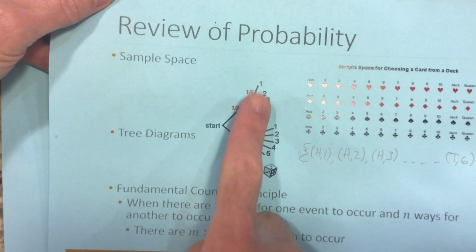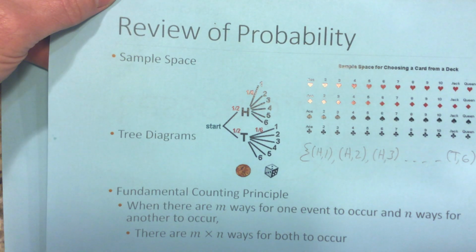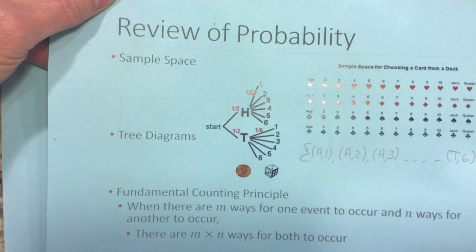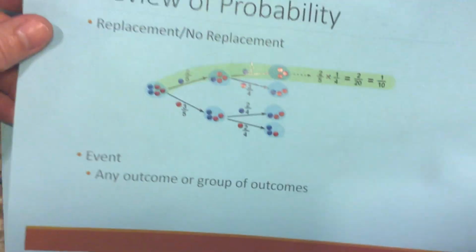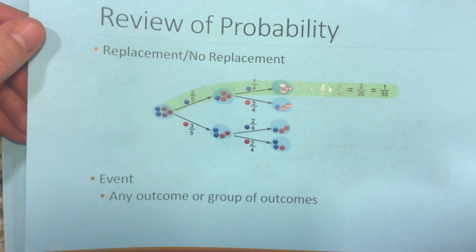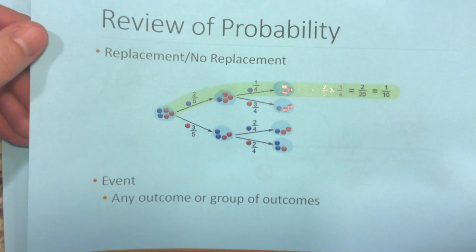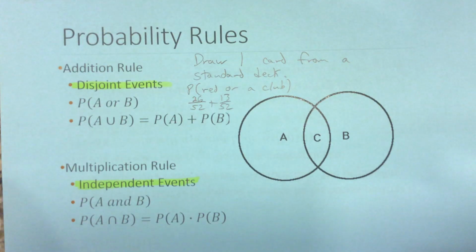Whatever the coin lands on has no impact on what the die lands on. Okay, those are independent. The coin has no effect, no impact. But once you have something where your first item or action impacts the chances of the next, then you have dependence.